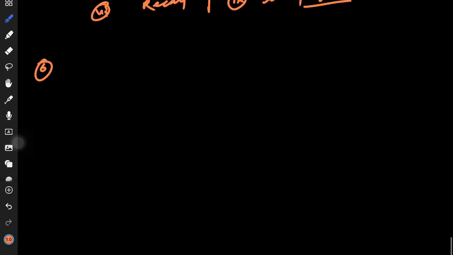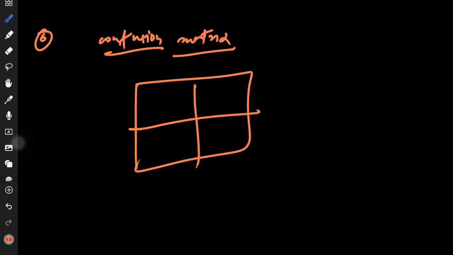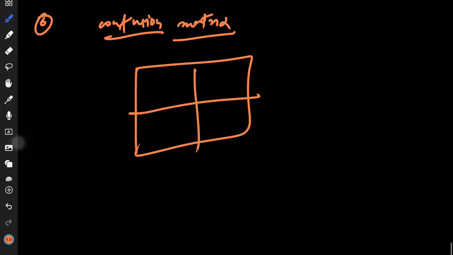The sixth question someone asked is, explain confusion matrix. Okay, so what is confusion matrix? Basically confusion matrix is an evaluation technique. Here we have predicted values, and here we have real values.